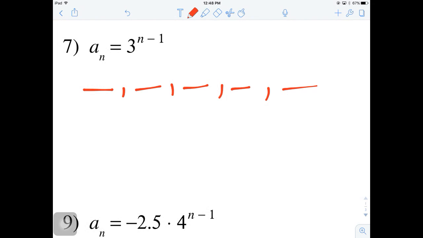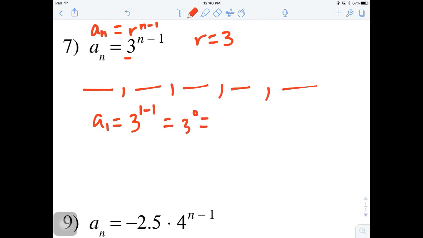And then based on the formula, if we match it up with a of n equals 3 to the, r to the n minus 1, we can tell that the ratio in this case is actually 3. So r equals 3. So which means if we start with a of 1, that's going to be 3 to the 1 minus 1. That's going to be 3 to the 0, which is 1. So we found out that a of 1 is actually 1.